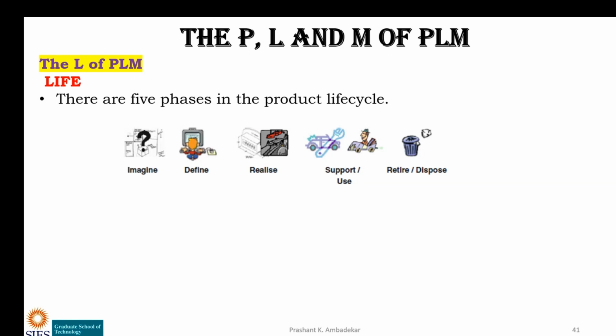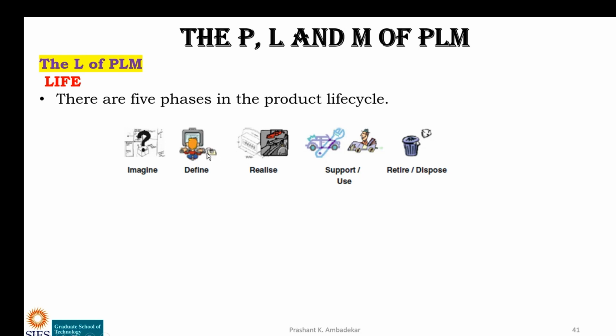Whenever the product is in the imagination phase, it has to be properly taken care of, because otherwise it may not be properly defined. That is, it will not come into the second stage. Whatever idea or concept is in your mind has to be properly converted into the next phase.